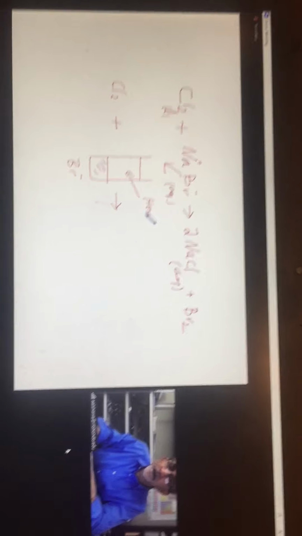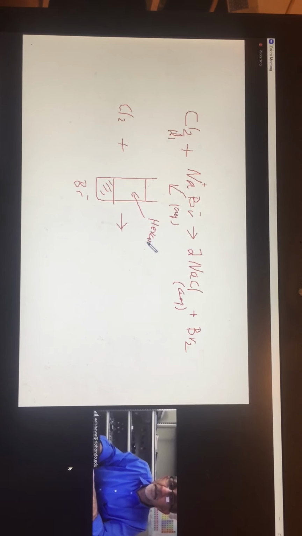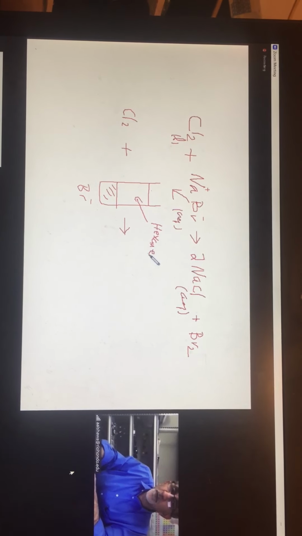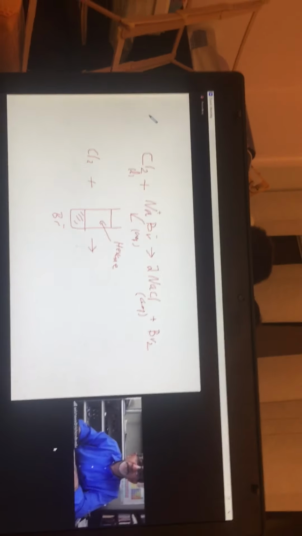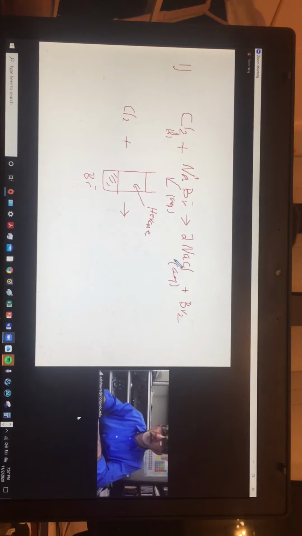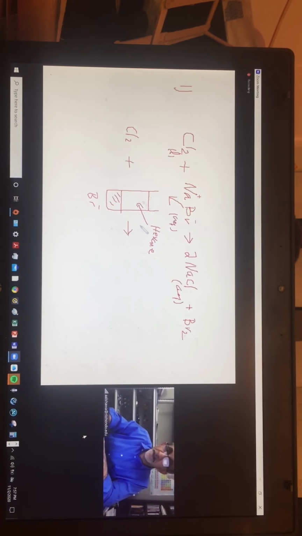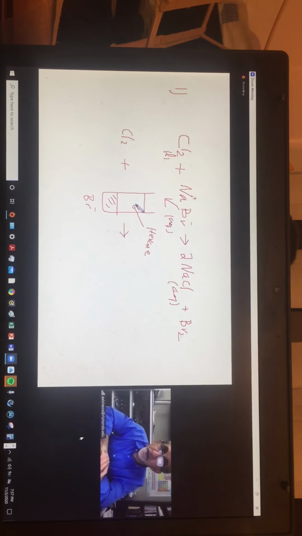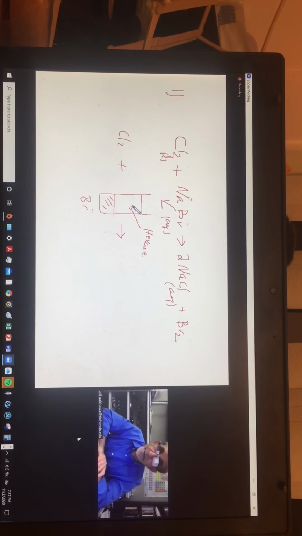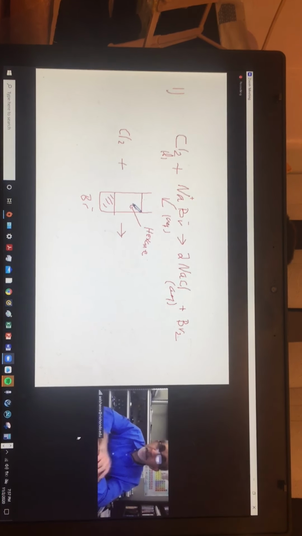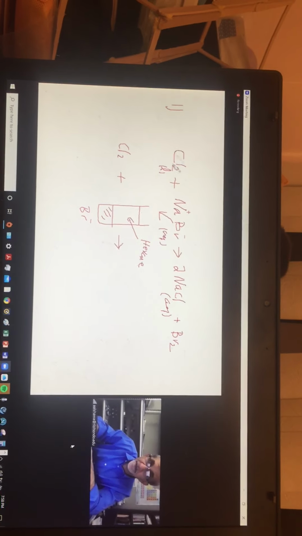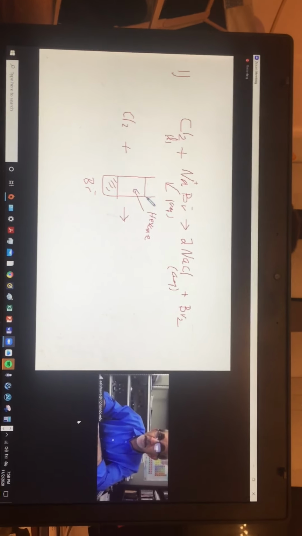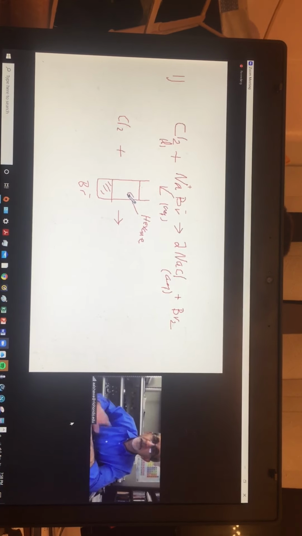If there's a reaction, which one of them would be found in the hexane layer, the lighter organic layer? The chlorine or the bromine? Are you going to find Cl2 or are you going to find the bromine in the hexane organic layer, if there's a reaction?